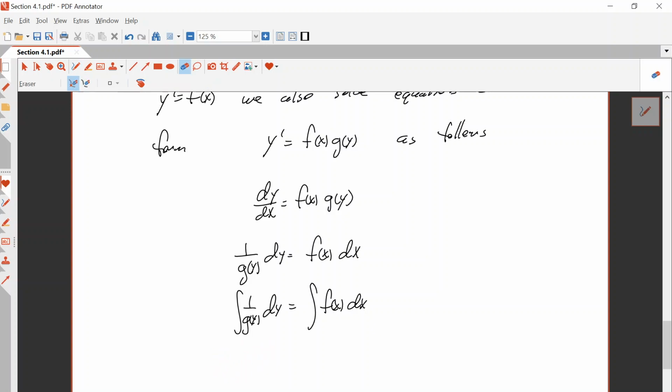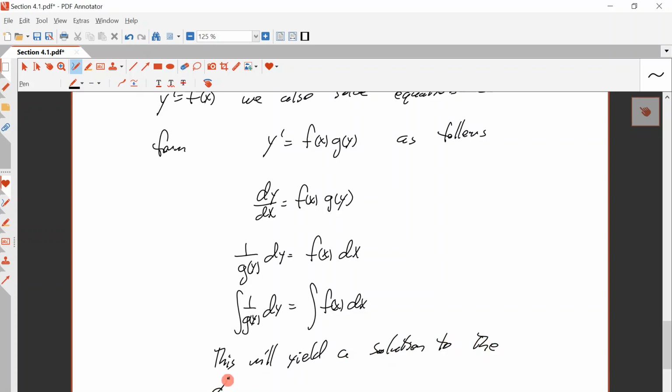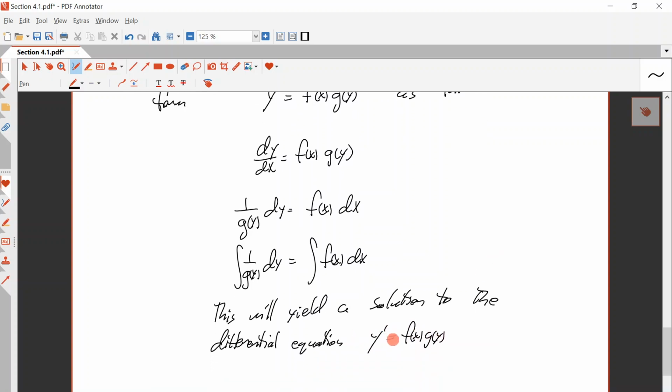So this will yield a solution to the differential equation y prime equals f of x g of y, which is implicitly a function of x.